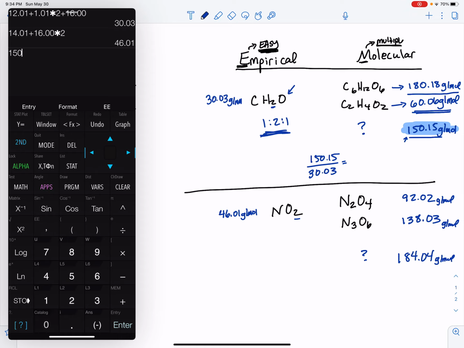So 150.15 divided by 30.03 gives you 5. So what that means is that instead of it being 1 to 2 to 1, it's going to be 5 to 10 to 5.